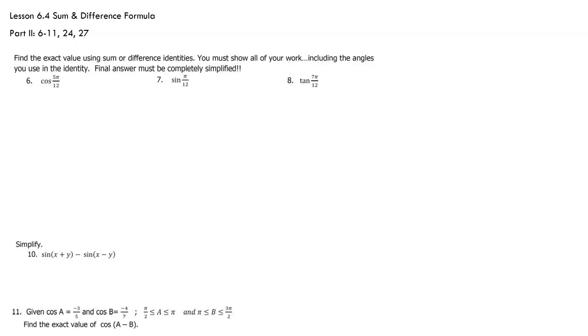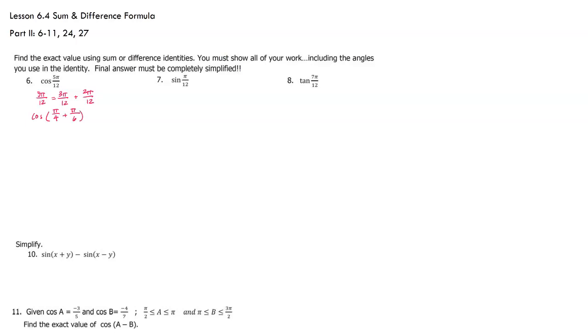Let's just recap the 5 pi over 12, and I can give you a choice. You can use sum or difference. Most of the time you guys are going to use sum. 3 pi over 12, this could be taken, and then 2 pi over 12. So that could be cosine of pi over 4 plus pi over 6.